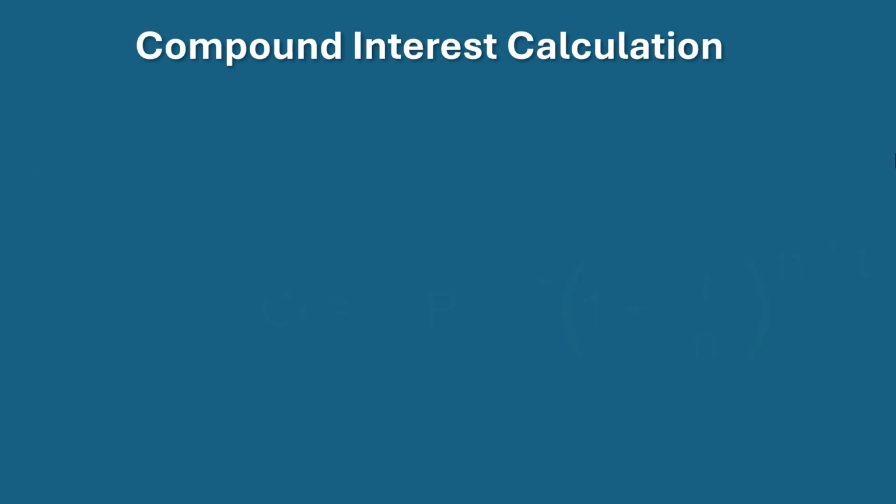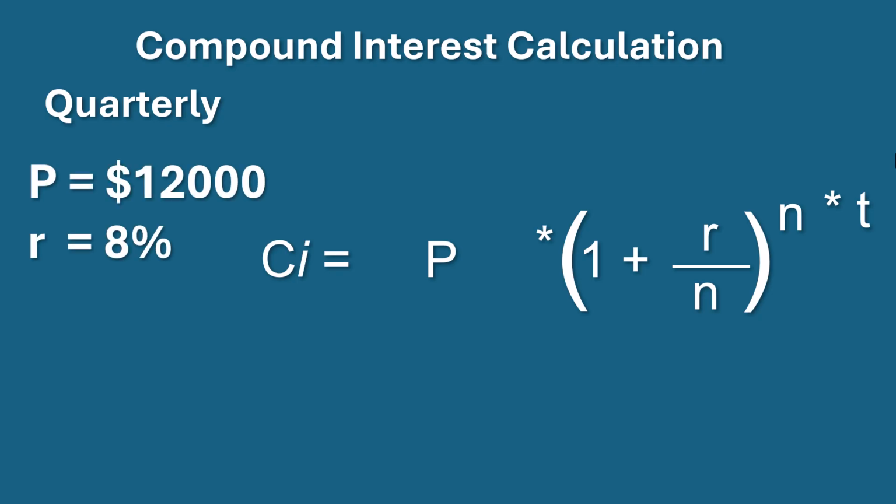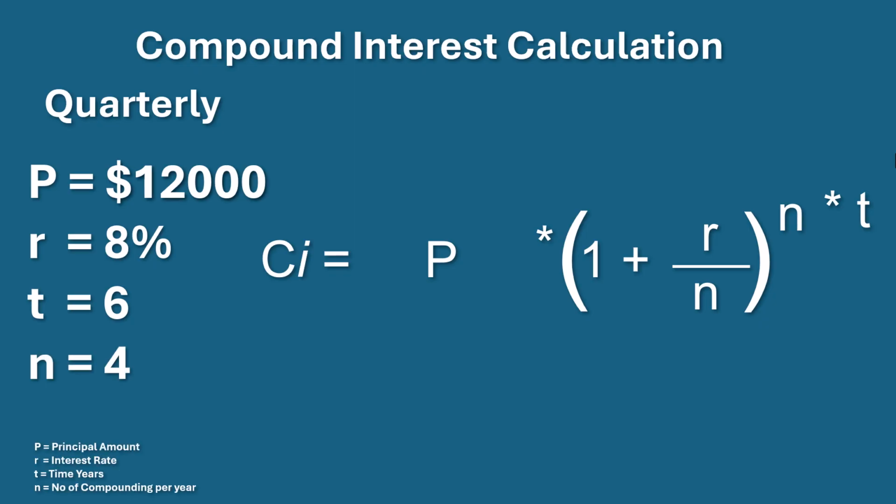Now let's calculate compound interest quarterly with the given data. Principal amount is $12,000. Interest rate is 8% per annum. Time is 6 years. Number of compounding periods per year, n, equals 4. Let's put the data in the formula. P equals $12,000. R equals 8%. T equals 6 years.